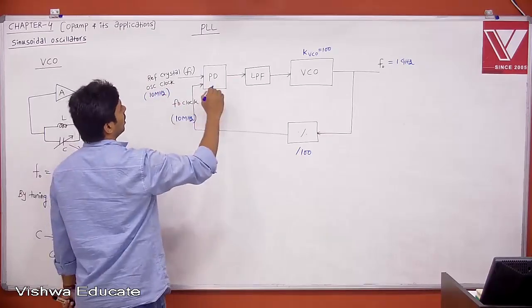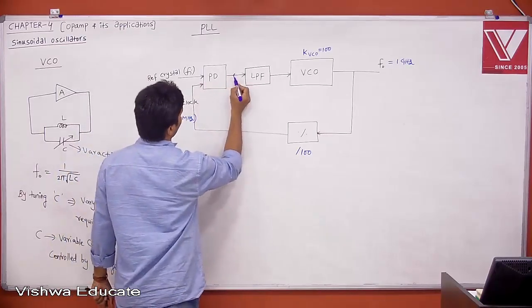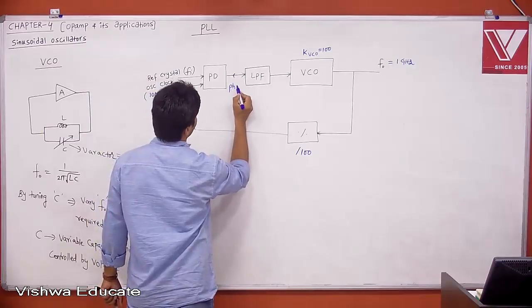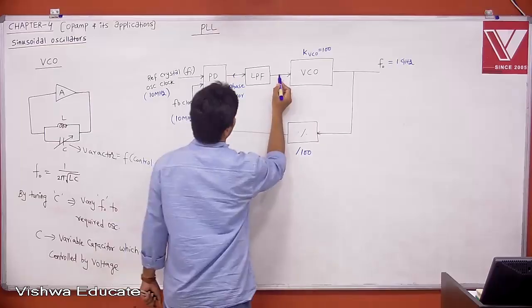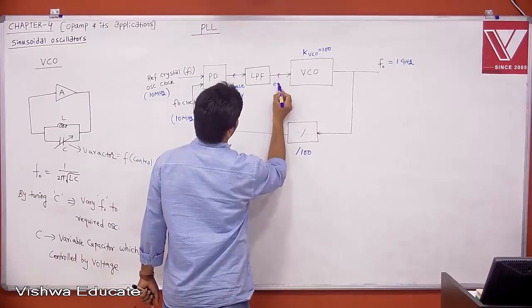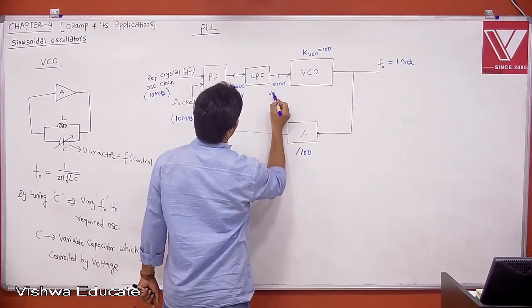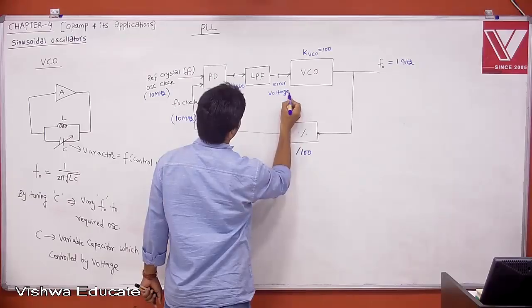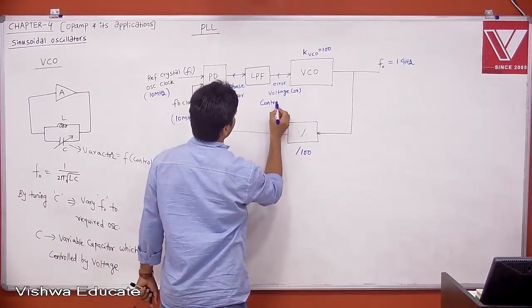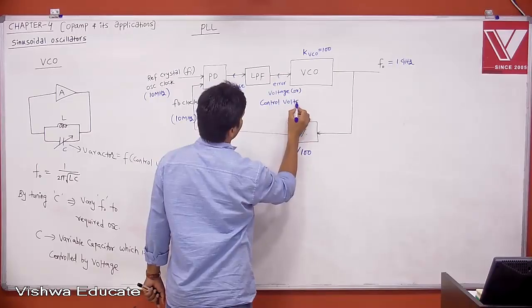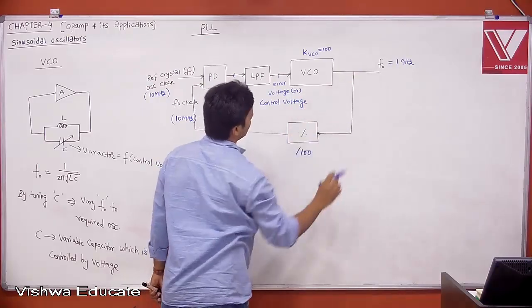It is going to compare, and if there is no difference, this is the phase error. Whatever phase error we get here will be converted into error voltage, the control voltage. That voltage will be given to your voltage controlled oscillator. Then it is going to tune your F0.